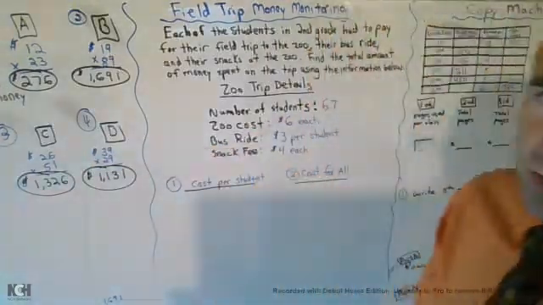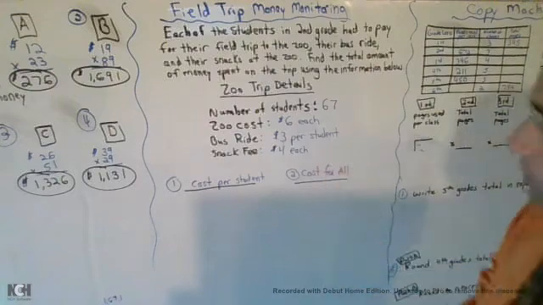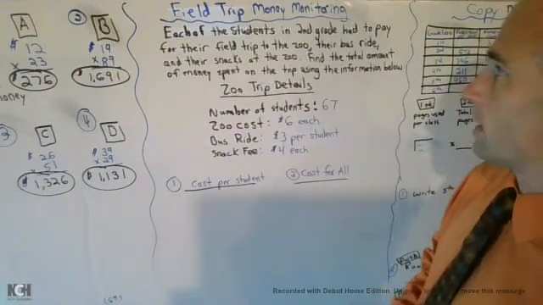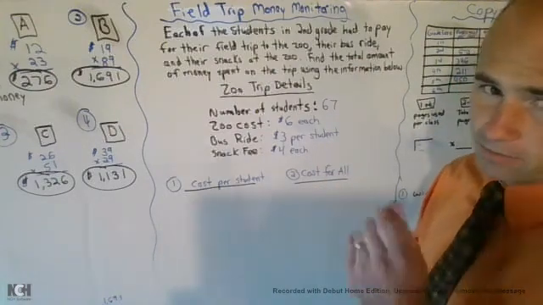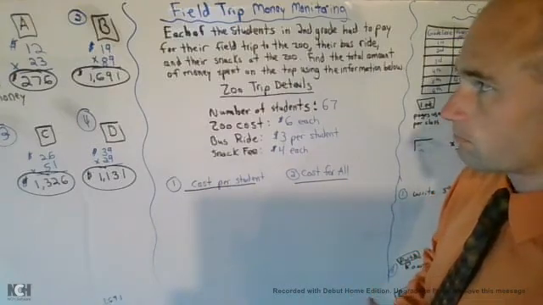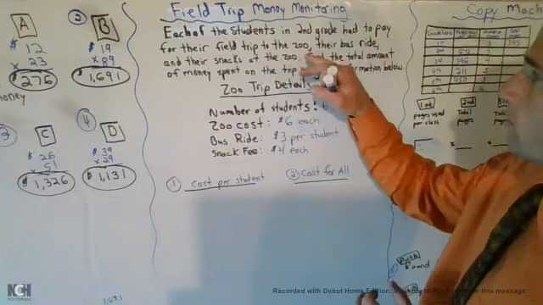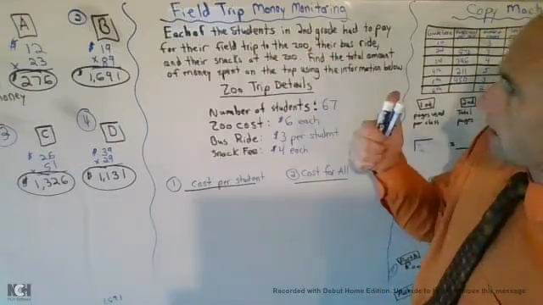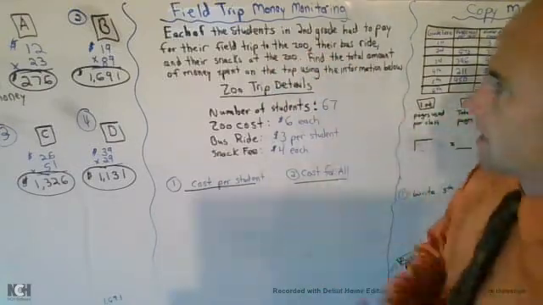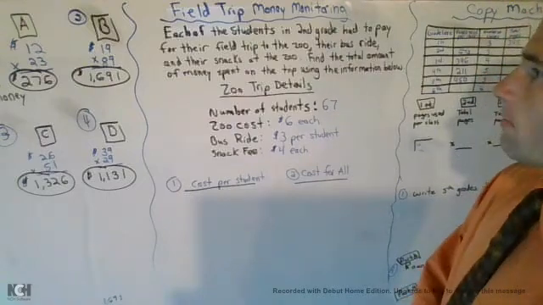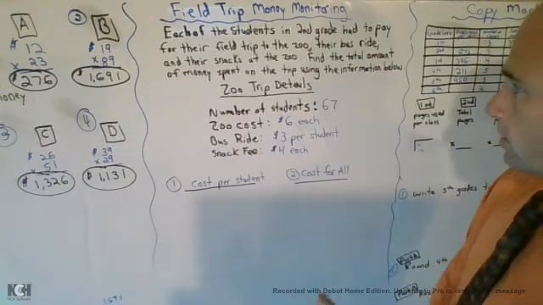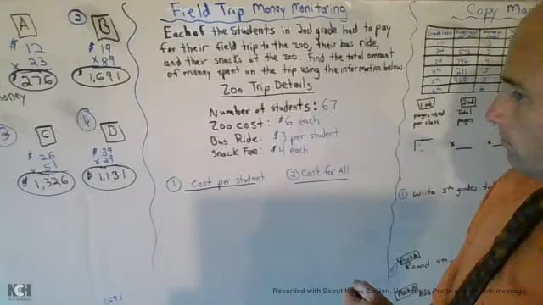So let's move on to the next section, which is field trip money monitoring. Man, a lot of money the secretaries have to deal with. Each of the students in second grade had to pay for their field trip to the zoo, their bus ride, and their snacks at the zoo. Find the total amount of money spent on the trip using the information below.